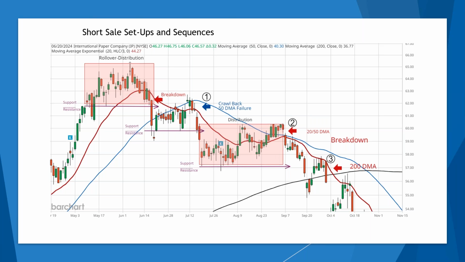Some market technicians would call this a bear flag, and usually you can recognize it by a lot of small candles. Again, what we want to see is price trying to recapture one of those moving averages that I just mentioned, that 50 or maybe the 200-day. The failure to recapture and the breakdown right here is that more timely entry.